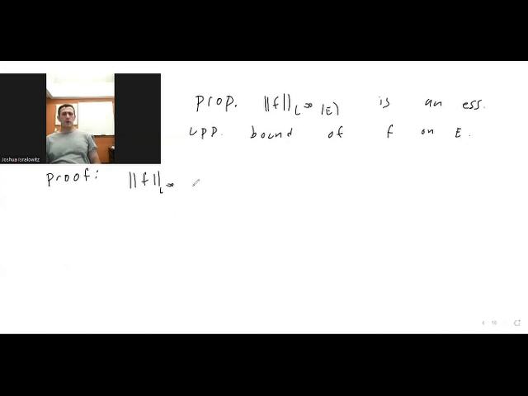Okay, so what's the proof here? The proof, well, inf is the greatest lower bound, so this is bigger than the infimum. I'm going to stop writing E. Okay, so that means this here is not a lower bound of this set here.